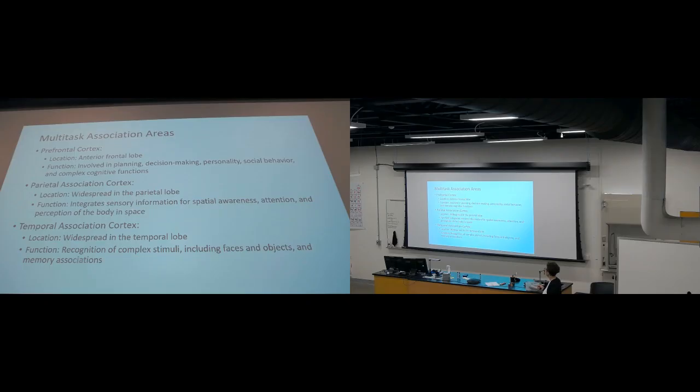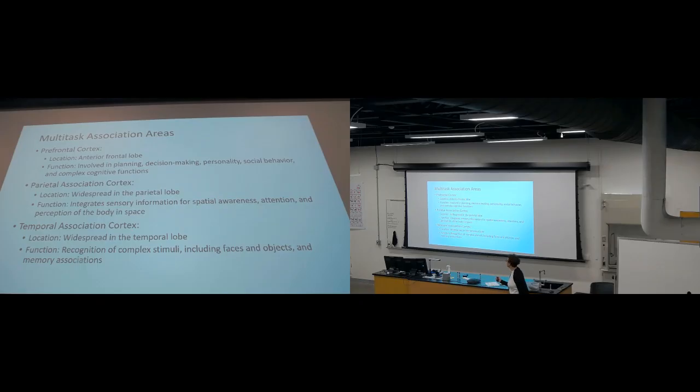This one is located just next to the general interpretative area. This one helps us to be aware of the space, and also to pay attention, and, well, I told you, right, knowing also the position of our body in space.